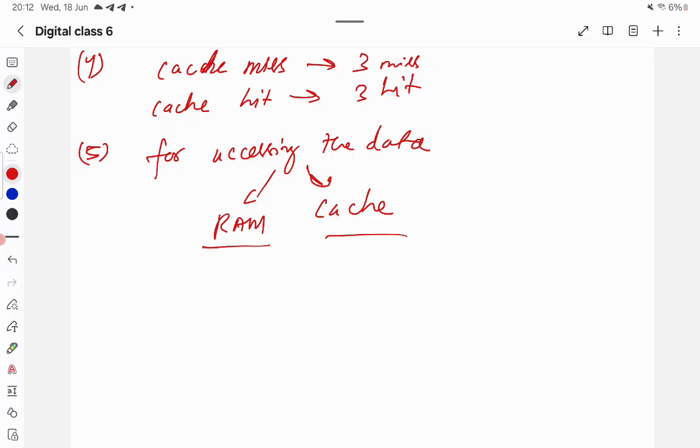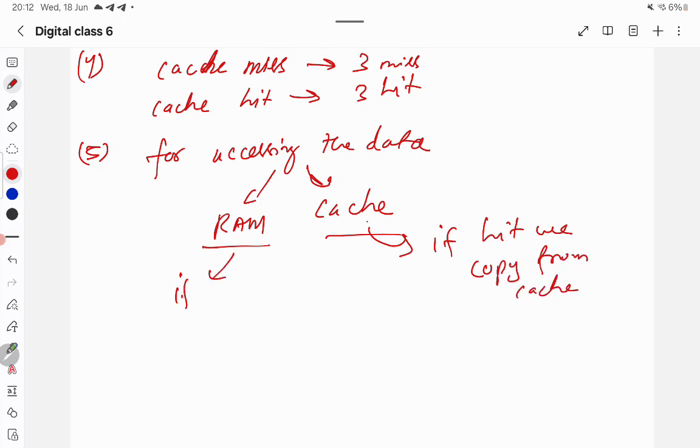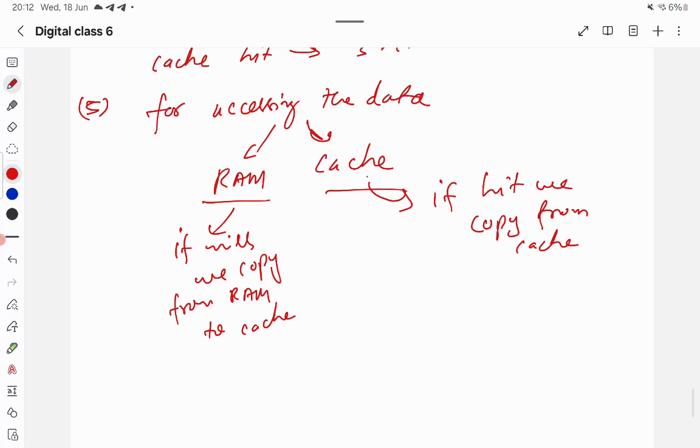If hit, we copy from cache. If miss, we copy from RAM to cache. We take the information from the RAM and copy it to the cache the way we did. So what is the time needed for accessing the RAM plus the time needed for cache?